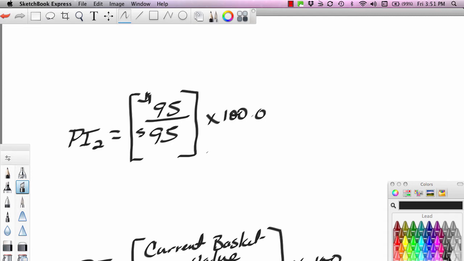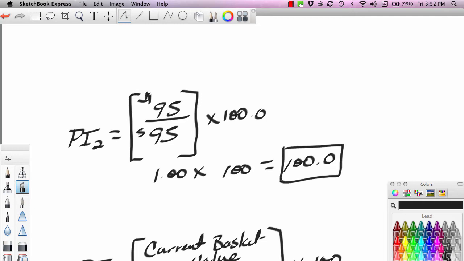The interesting result is the index number is always what in the base year? Well, this is 1 times 100. So the index number in the base year is always 100, even on exams. Even on exams. Figure that.